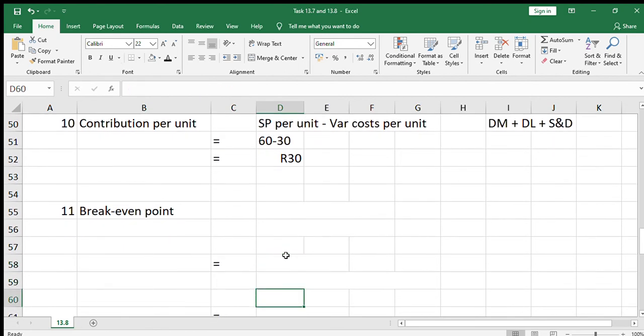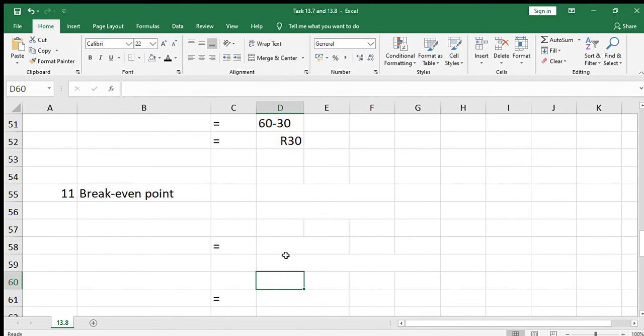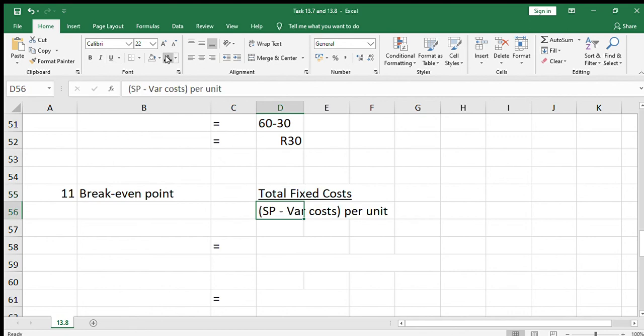And finally we're going to calculate the break-even point. There's a definition in the textbook where it says that it is the point at which no profit or loss is earned. Our formula: total fixed costs divided by selling price minus variable cost per unit.